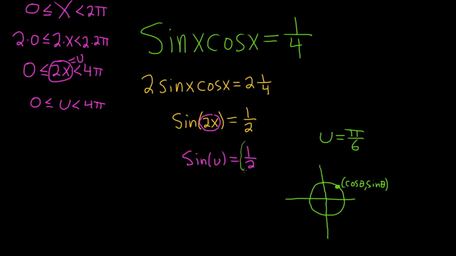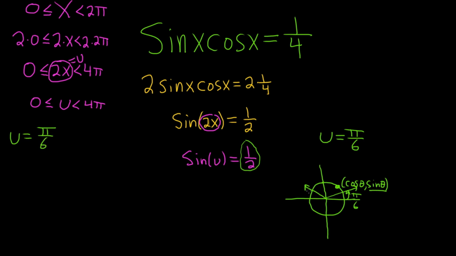Because we're trying to get a positive 1/2, the other angles that will be answers are in quadrant 1 and quadrant 2, because it's positive, and sine is the y-coordinate on the unit circle. So our answers have to be in quadrant 1 and quadrant 2. So we know pi over 6 is an answer. So I'm going to write that down over here: u equals pi over 6.